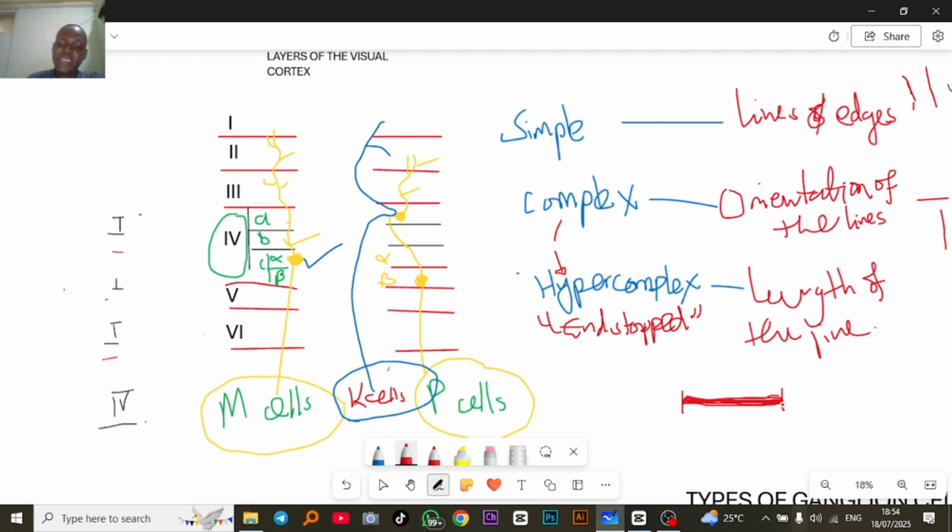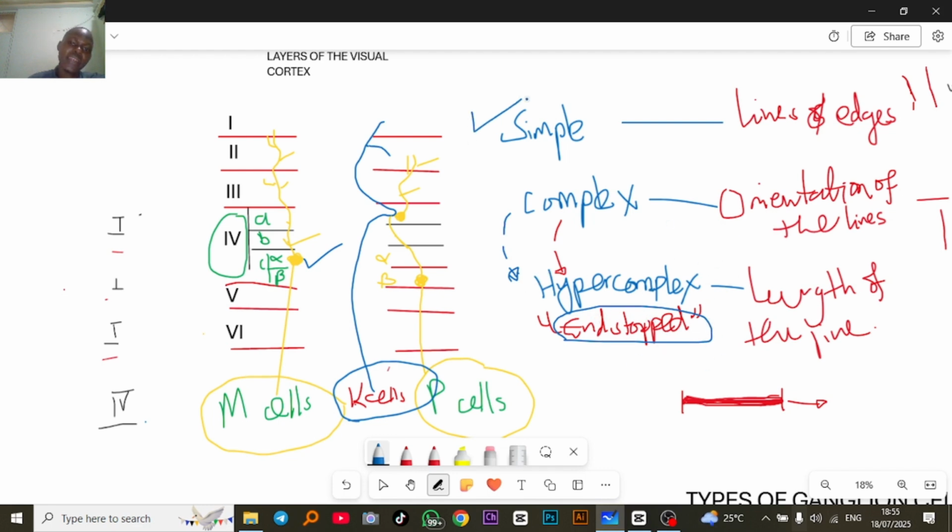However, if the 4 centimeters are exceeded, we shall have inhibitory signals from the complex to the hypercomplex cells. This is the end-stopped concept: if we exceed the given length, they are inhibited. That's where the name comes from.